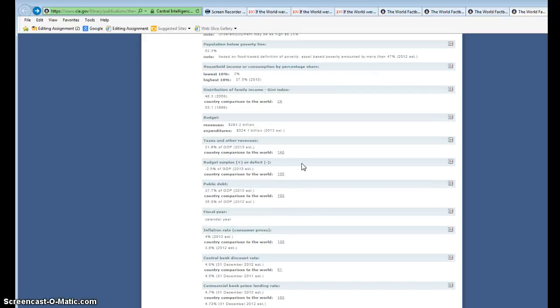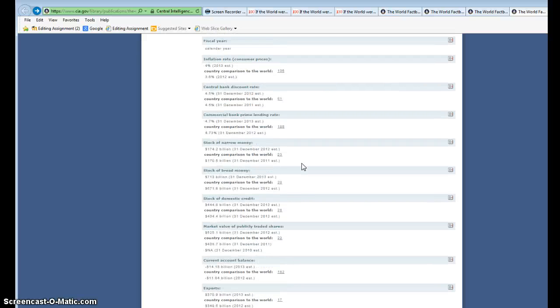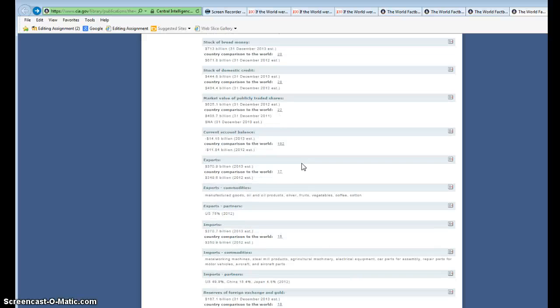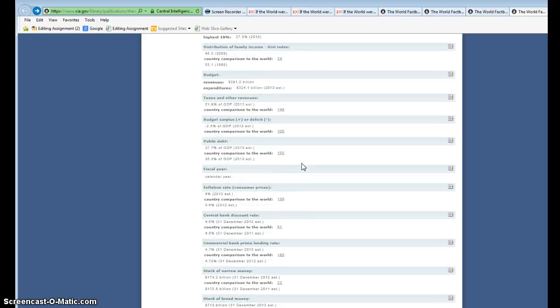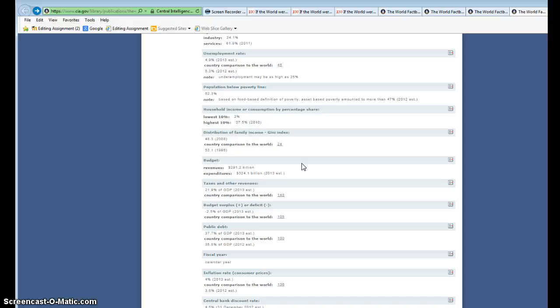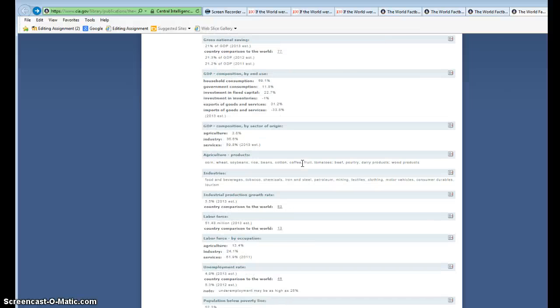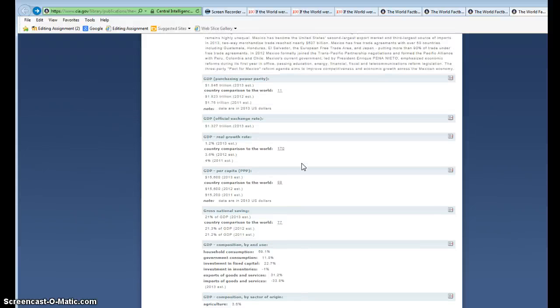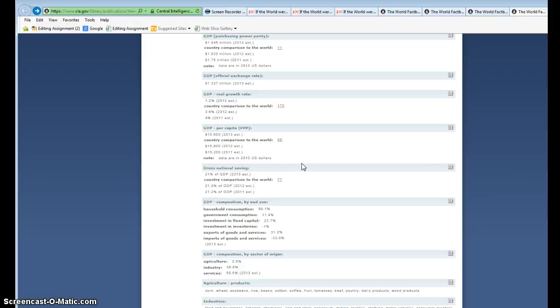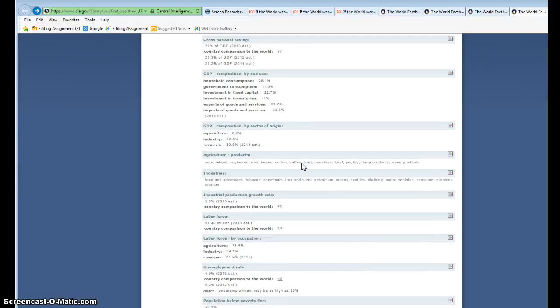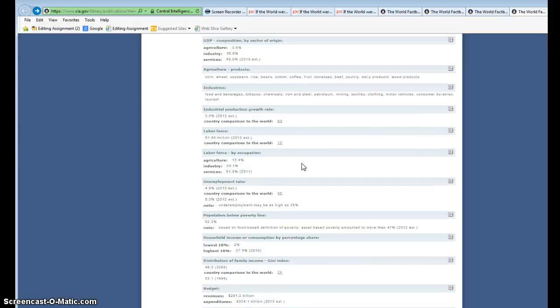Okay, and the figure that we use for that is something called the Gini coefficient. And I'm scrolling down, seeing if I can find it. I'm jumping around a little bit. The Gini coefficient measures how stratified wealth is. In other words, if everybody in a country has about the same amount of money, then the Gini coefficient would be 0.